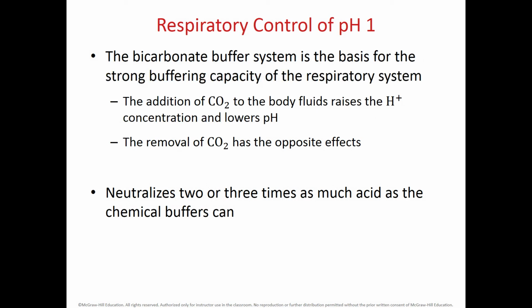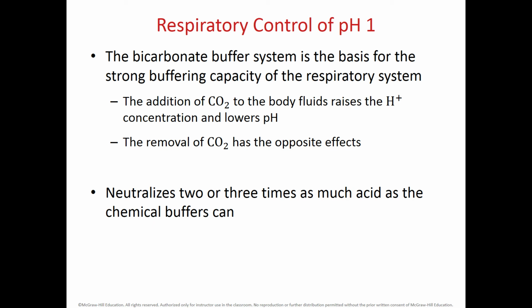Now, we have then this respiratory control of the pH. So whenever we have this acidosis, we can hyperventilate, so we can release CO2 in the environment to lower the concentration of hydrogen ions indirectly, or vice versa.